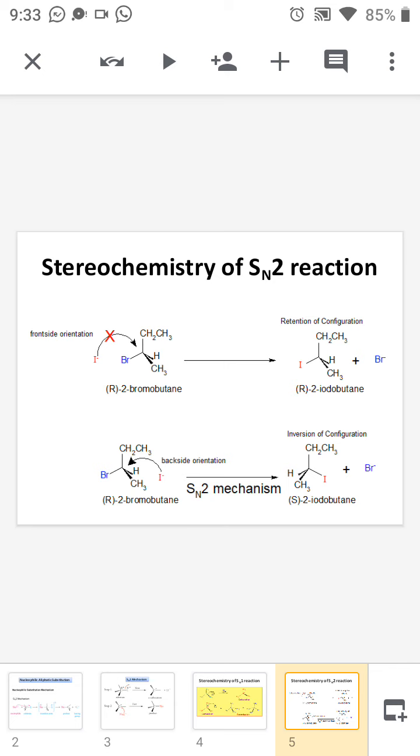The SN2 reaction is an example for a stereospecific reaction, because we will get only one single product in this substitution reaction, and it is enantiomerically pure. And the inverted configuration is obtained through Walden inversion. We have already studied the Walden inversion.